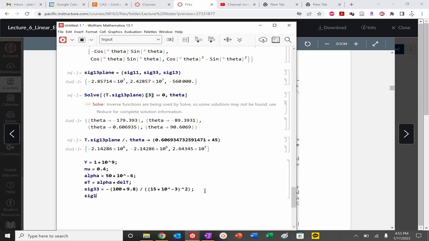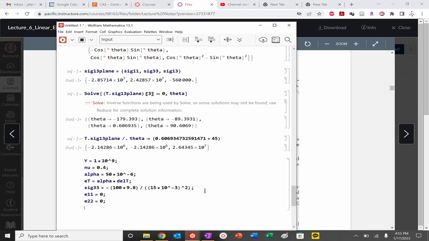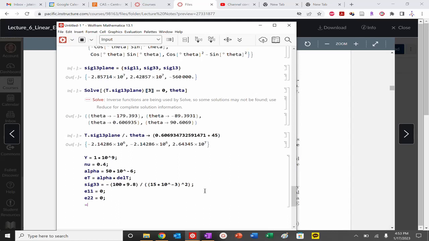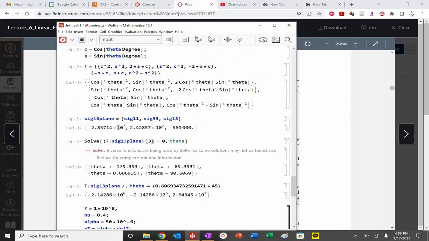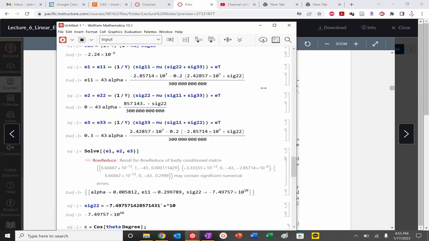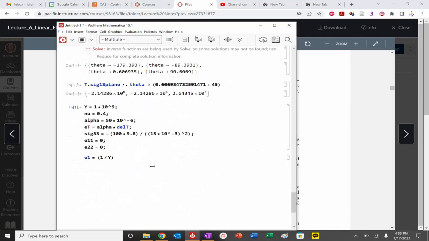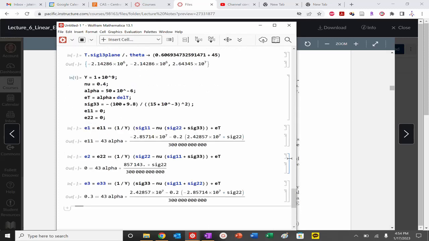And I know that my sig 1-1 exists, but I know that my E11 is 0, my E22 is going to be 0, my E33 will exist. So let's get cracking. So E1 is going to be equal to 1 divided by, I'm going to actually copy over here. Sometimes it'd be very nice to have this in your back pocket. Here we go.